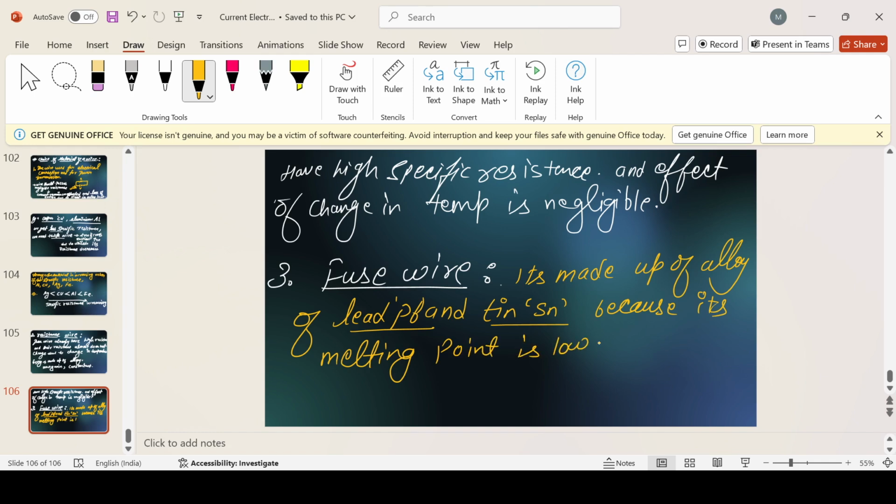Its specific resistance is more than copper or aluminium.